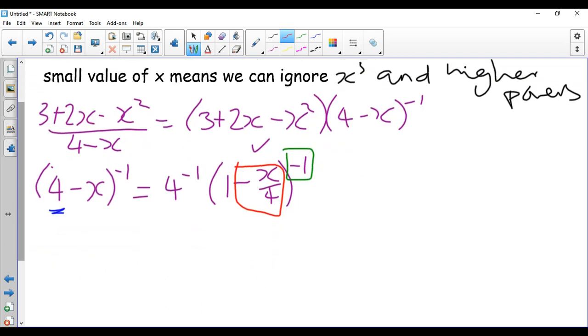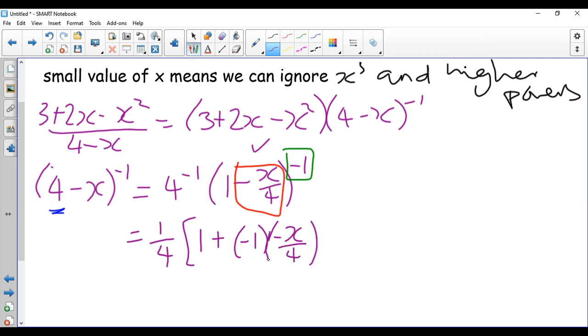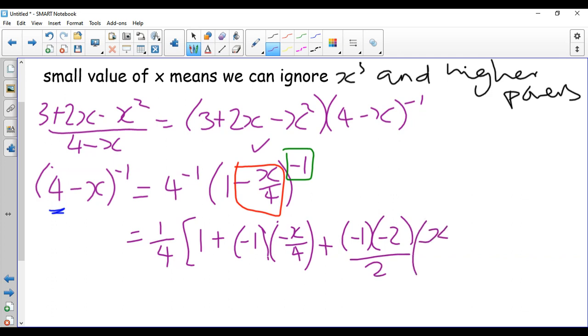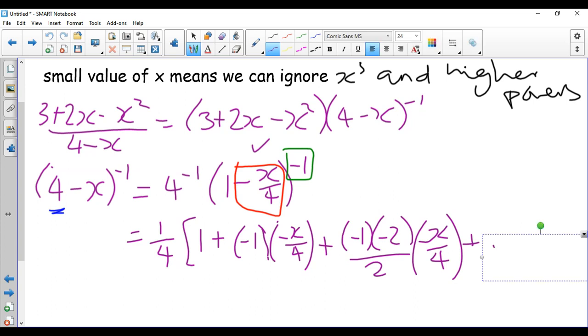So that equals what? 4 to the minus 1 is a quarter, times 1 plus n times (minus x over 4), plus n(n minus 1) over 2 factorial, times (minus x over 4) squared, plus, don't need the rest.